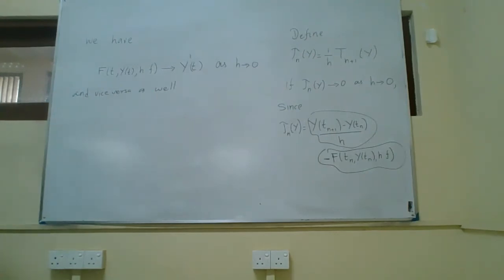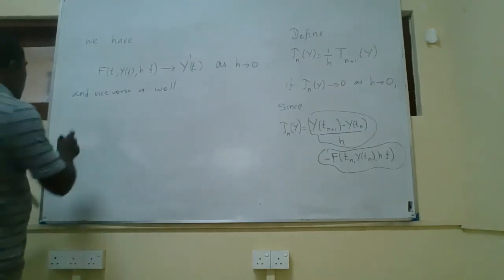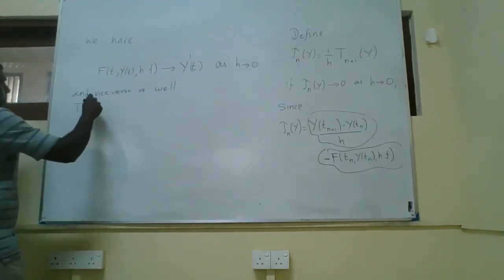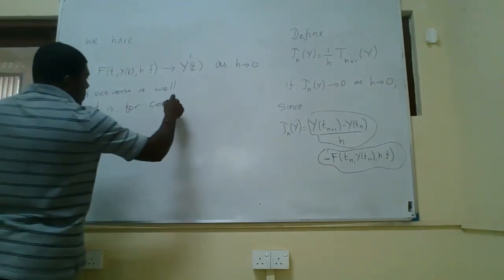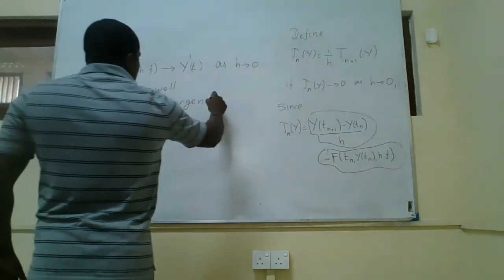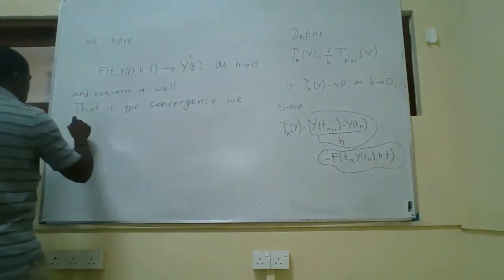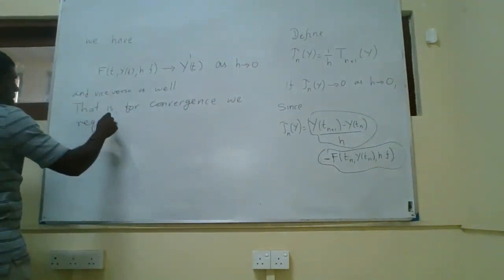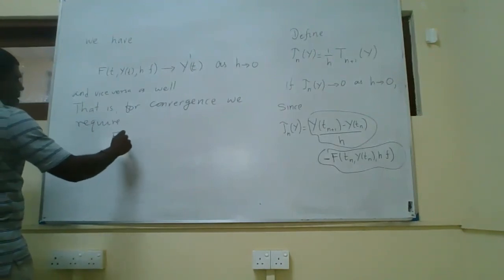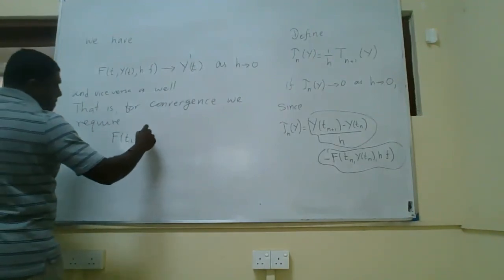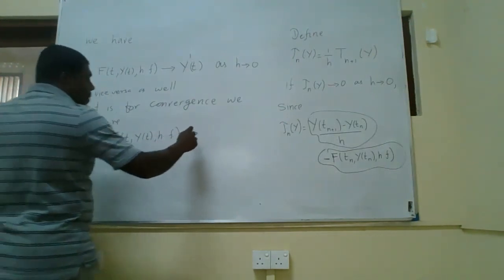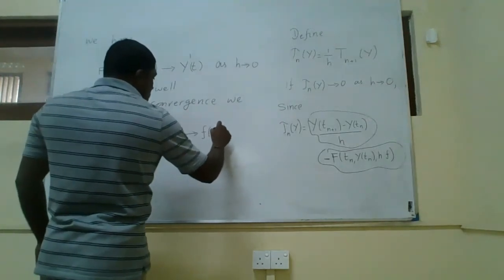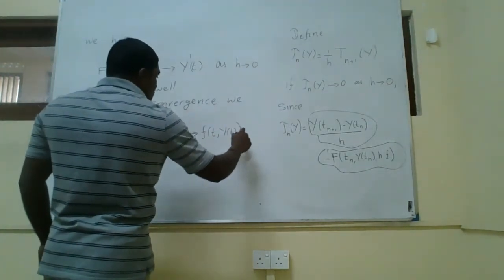Okay, so this is what you need to have for convergence, right? So that is y prime of t, equal to f of t comma capital Y of t.